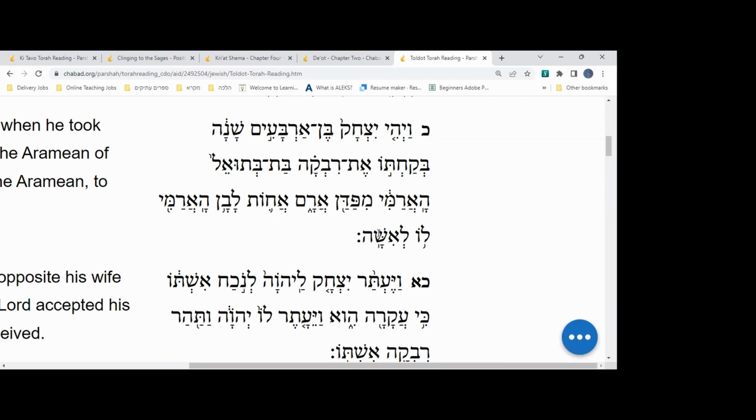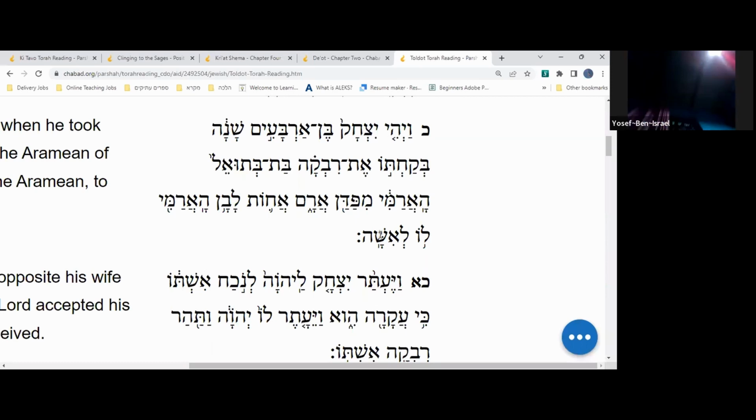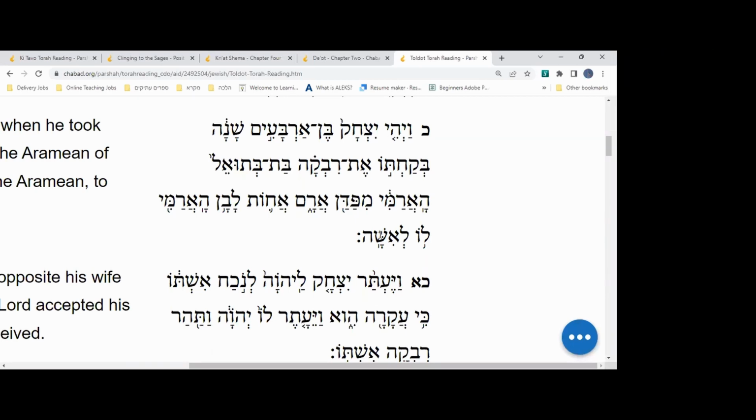That's its name because the word dagesh in Hebrew means to emphasize, to make something stand out, make it noticeable. That's why we call it dagesh, because it makes that part of a word stand out.